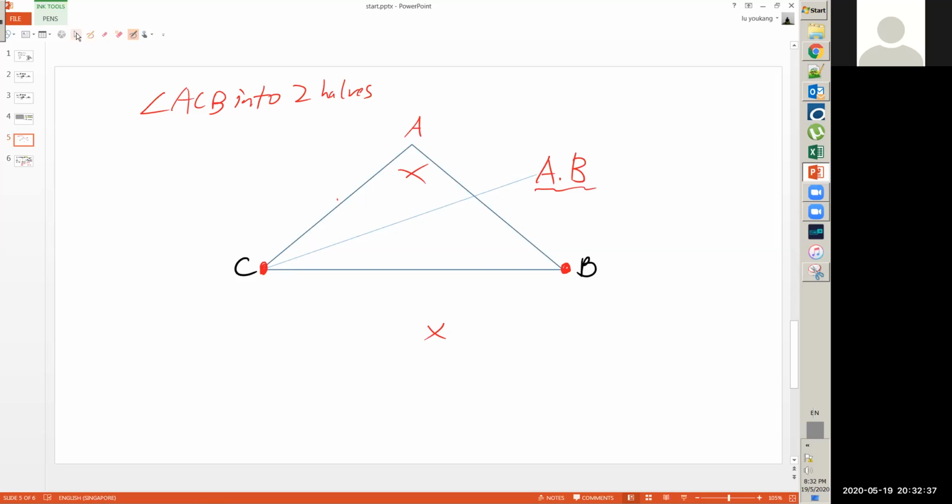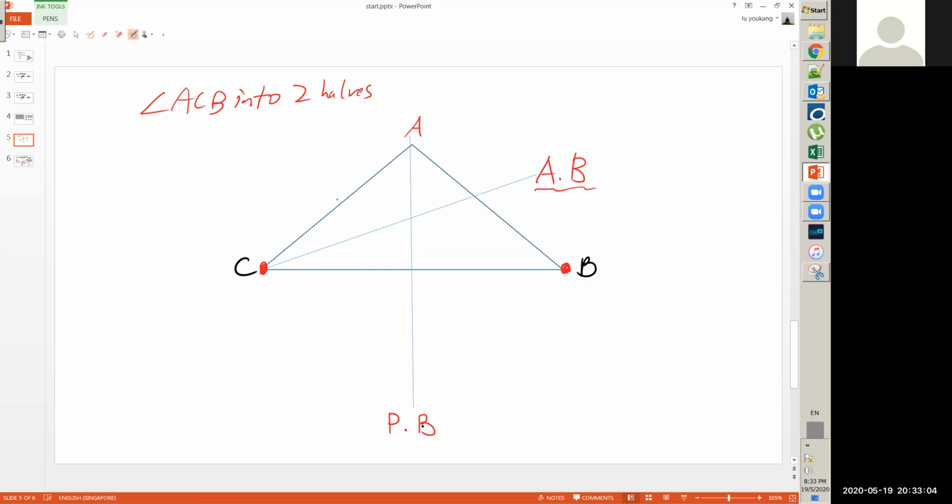You will get the perpendicular bisector of BC. So it should be somewhere here. This will be your angle bisector, and this is your perpendicular bisector.